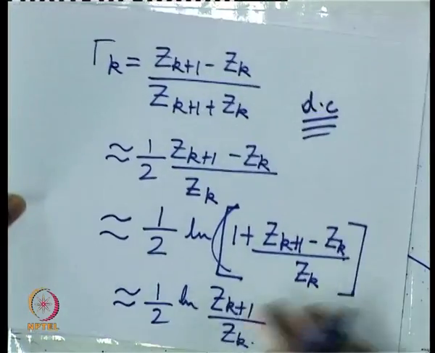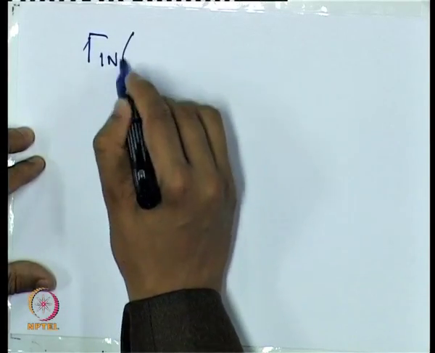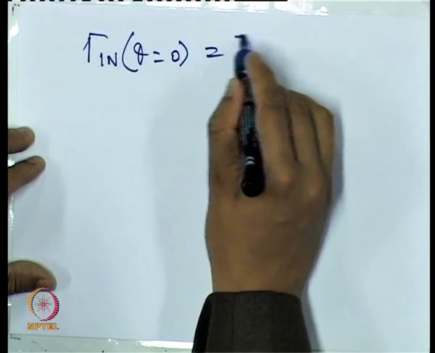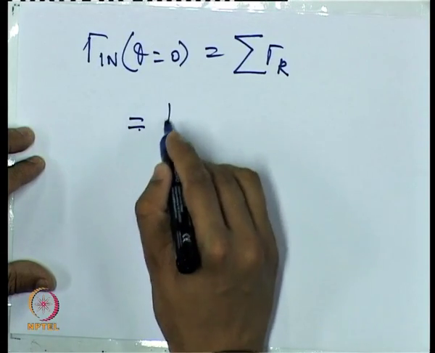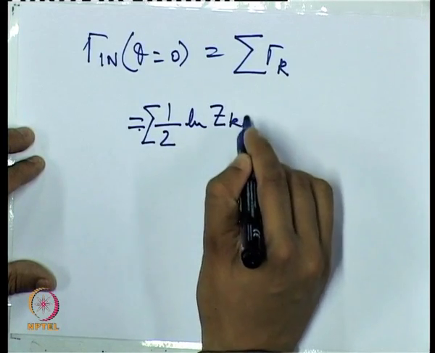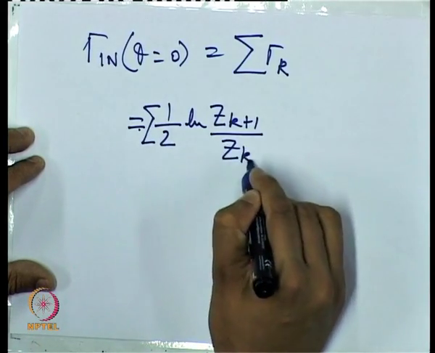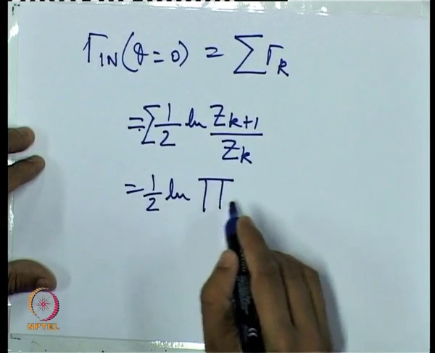Now, if we use this expression for gamma k, and then if we go back to our expression for gamma in, if we can go back to the slides. So this becomes the product.